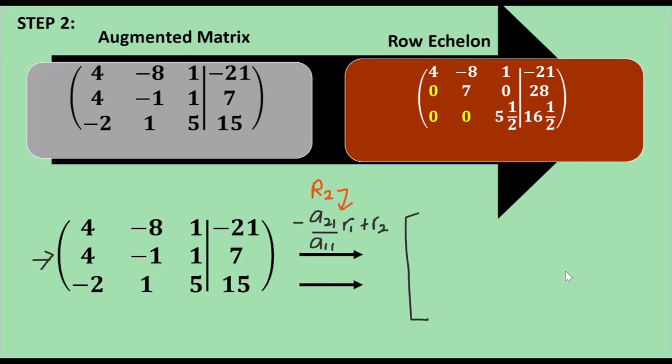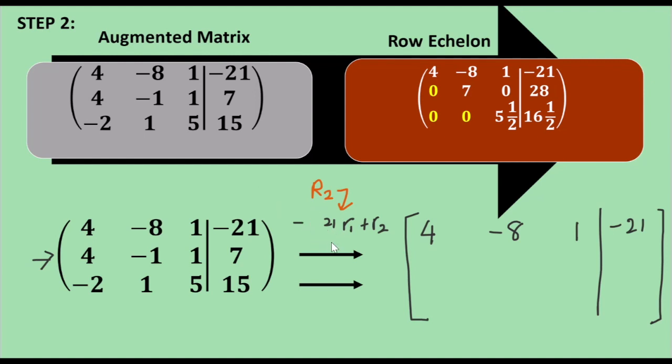So let's perform the operation. The first row stays the same, so it's 4, minus 8, 1, negative 21. Negative A21 divided by A11 would be negative 4 over 4, which gives us negative 1.